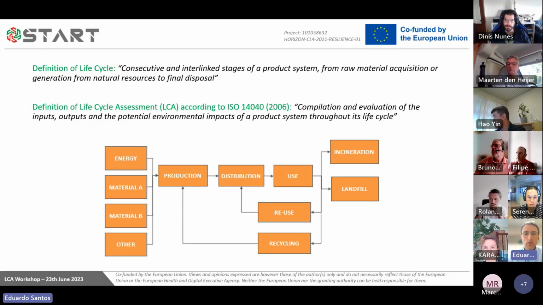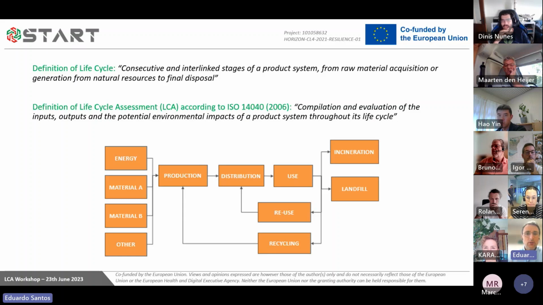The diagram below systematizes the set of stages that compose a complete life cycle: extraction of raw materials, production, distribution, then use, and then end of life, which can be reuse, recycling, or maybe incineration or landfill. So this is what life cycle and life cycle stages are.